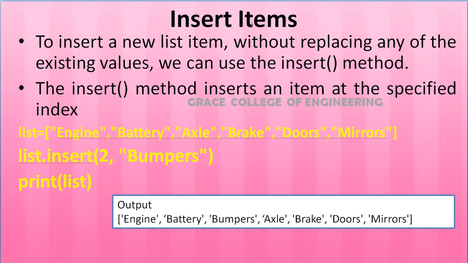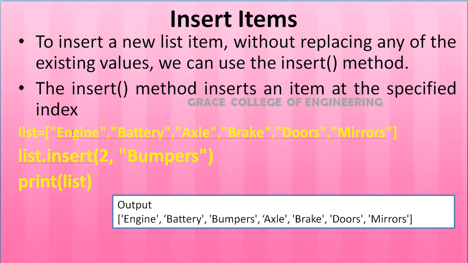Then insert items. If you want to insert a new item in the list, use the list dot operator; that is a must. List dot insert of 2. 2 is the index value, the second place. Which value do you want to insert? That is bumpers.